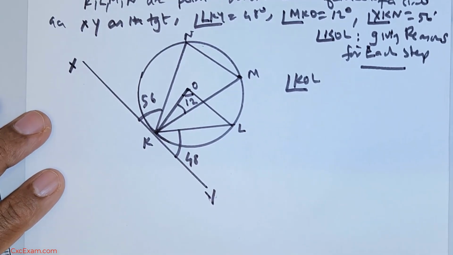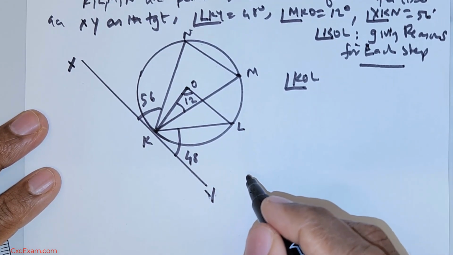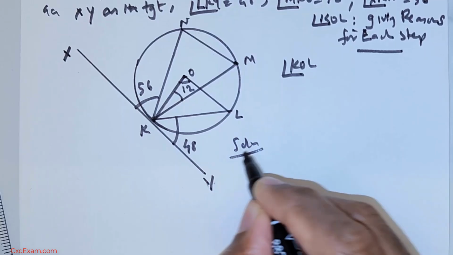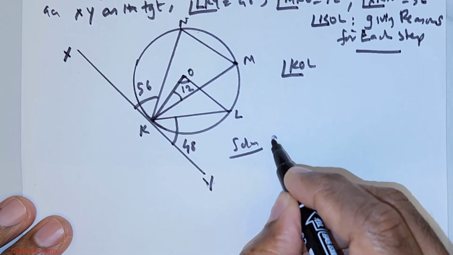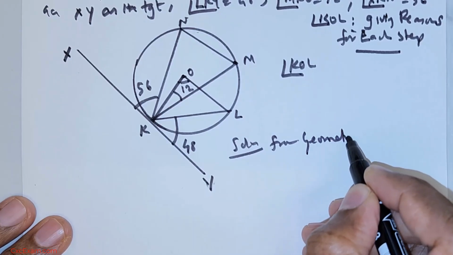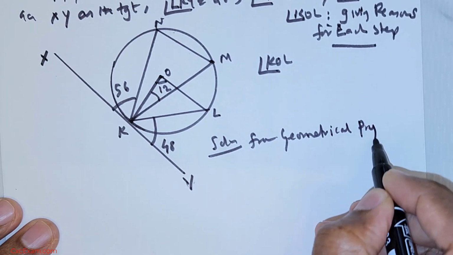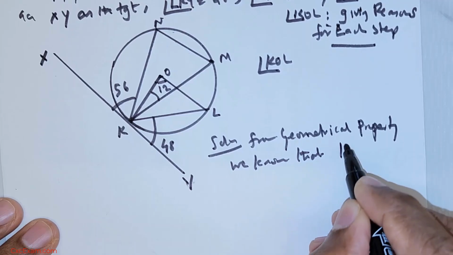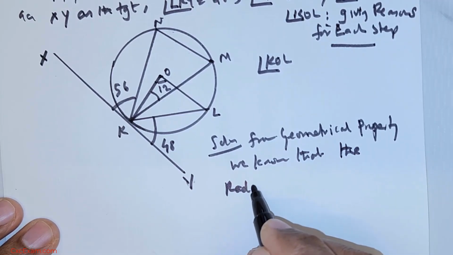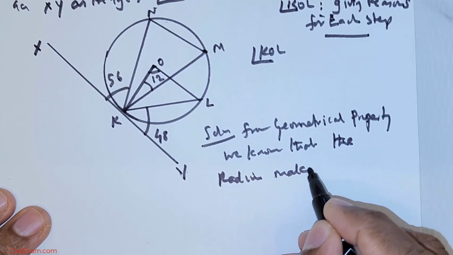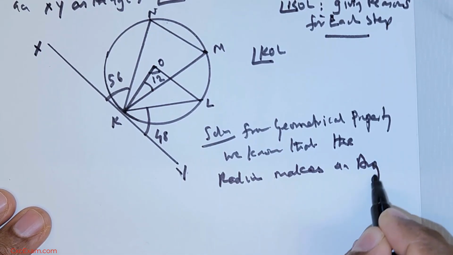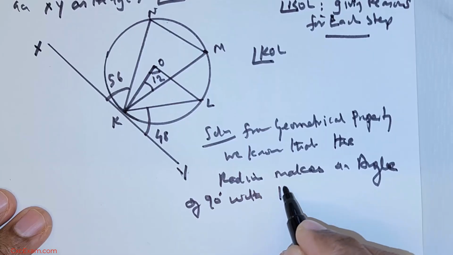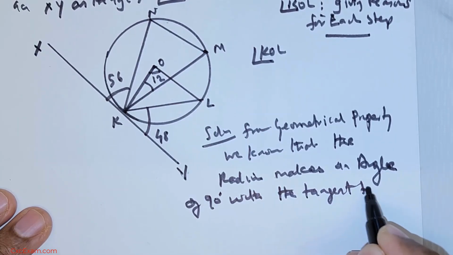Okay, so having mentioned that, we have to state our properties. First, this is the solution. So the first geometrical property, we know that the radius makes an angle of 90 degrees with the tangent to the circle.